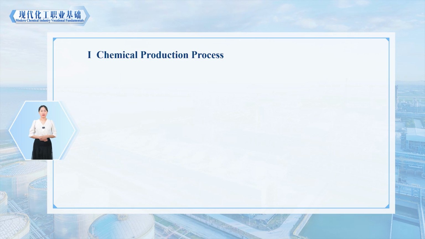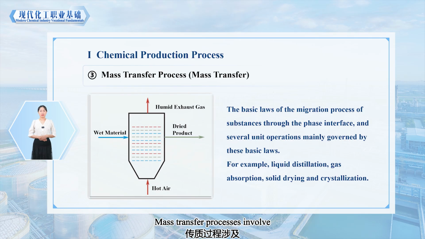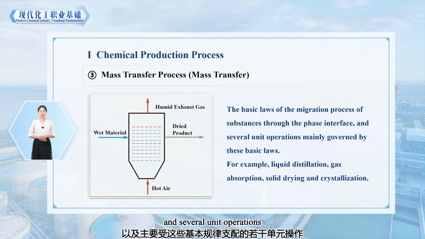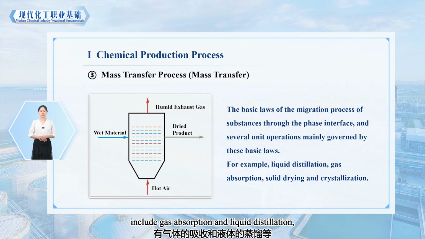Mass transfer processes involve the fundamental principles governing the migration of substances across phase boundaries, and several unit operations that are predominantly governed by these principles. Common mass transfer operations include gas absorption and liquid distillation.